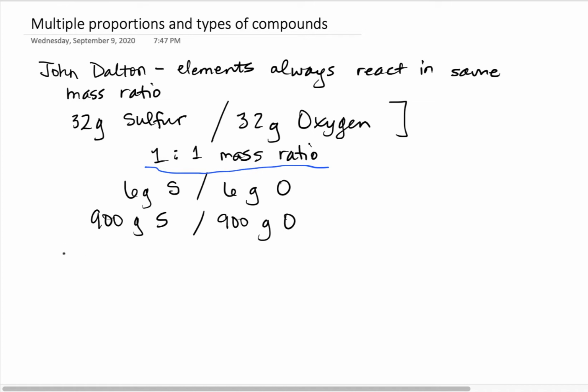He also found that some elements react in more than one mass ratio.